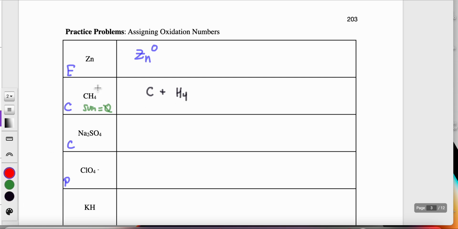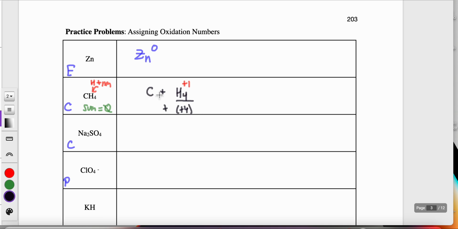When hydrogen is bonded to some sort of nonmetal like carbon, we automatically know that each hydrogen is using a +1 charge. In this example, there are 4 hydrogens, each using a +1, so the collective positive charge is +4.